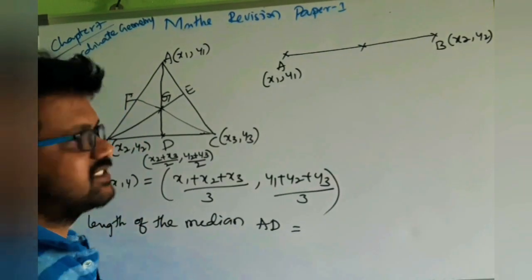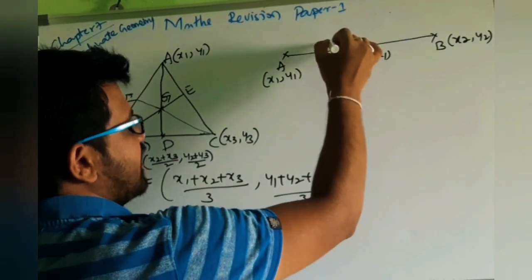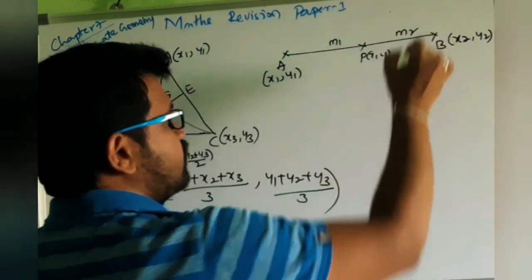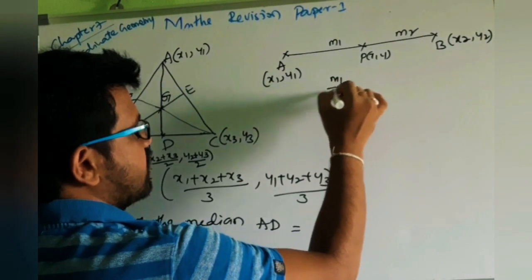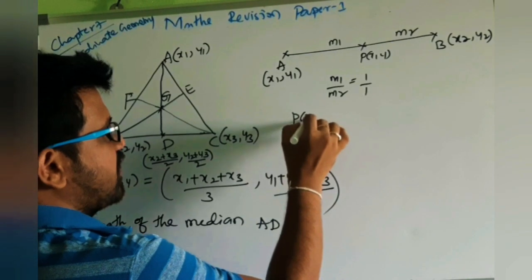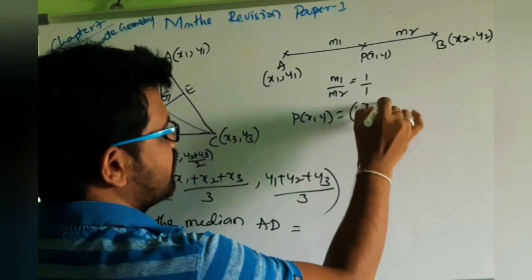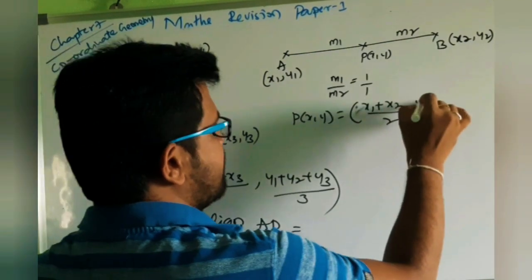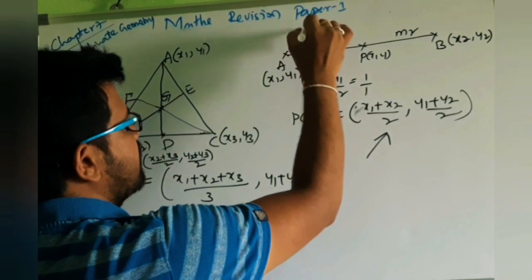Now this line segment is divided by another point P(x, y) in the ratio m1 is to m2. This I said is the section formula. If m1 is to m2 is 1 is to 1, then P(x, y) is x1 plus x2 by 2 comma y1 plus y2 by 2. This is the midpoint formula.